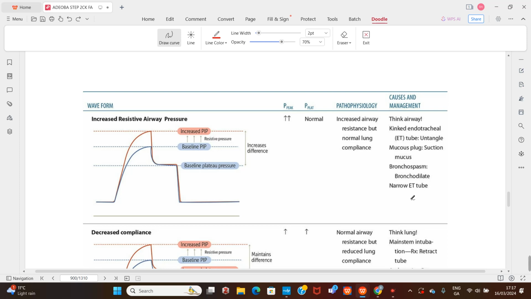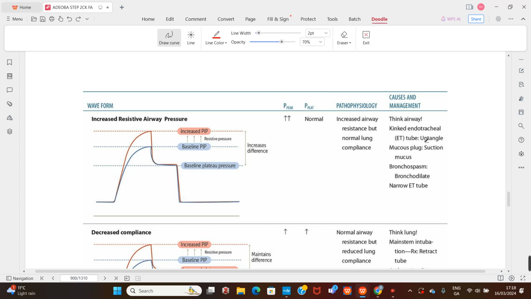So, once there's a reduction in the diameter of the airway, it's going to affect the resistive pressure, either by kinking of the endotracheal tube, or you use a tube that is very narrow, or there's bronchospasm, maybe from asthma, or a mucus plug, and there are different ways you can treat them.